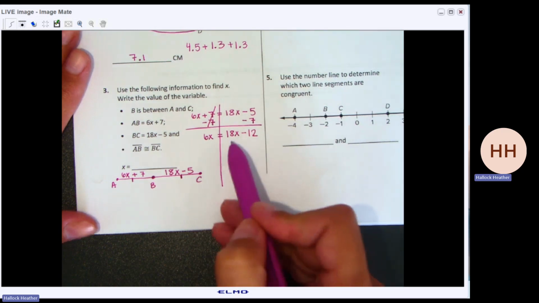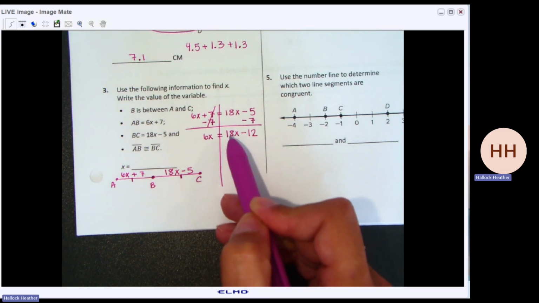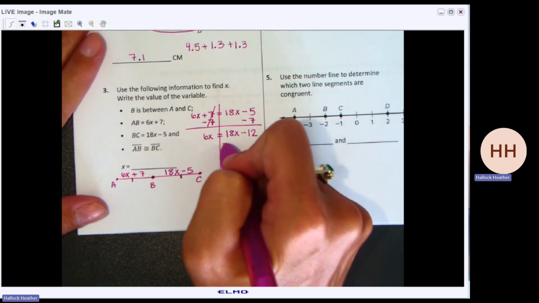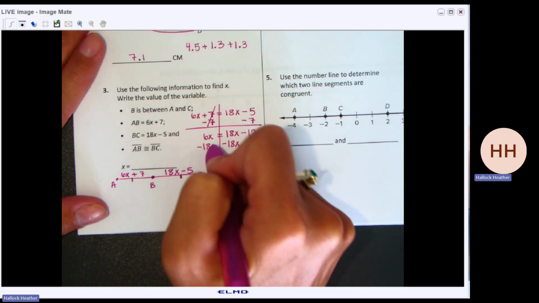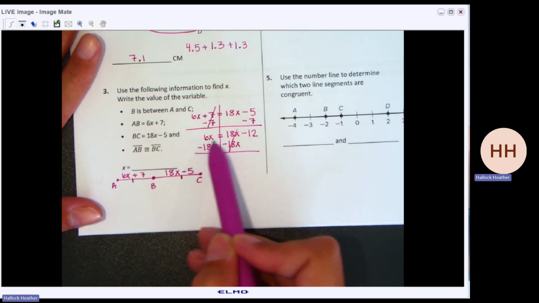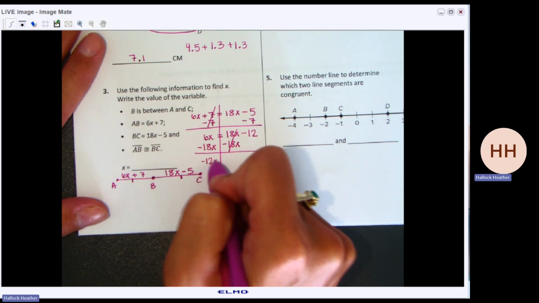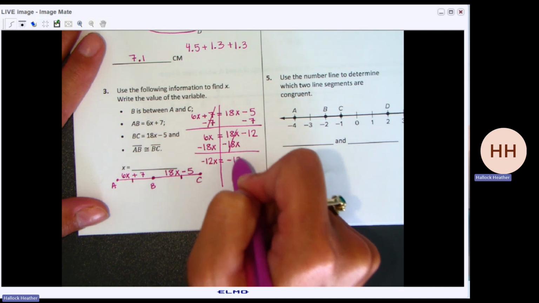Now I'm going to move my 18x to the 6x. 18x is positive. So to move it across, I'm going to subtract 18x, because it is positive, I'm subtracting it. Positive 6 minus 18 is negative 12x equals, I'm left with negative 12.